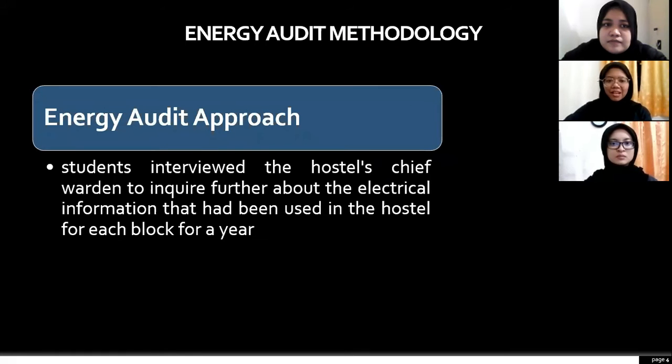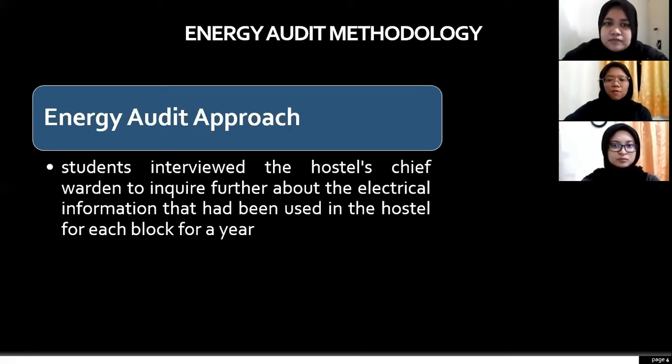Next. Prior to data collection, students interviewed the hostel chief warden to inquire further about the electrical information that has been used in the hostel for each block for a year. In addition, we recorded the payment of electricity bills for all blocks for each month.